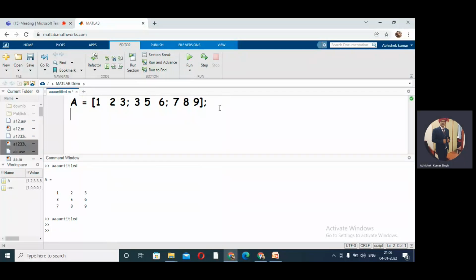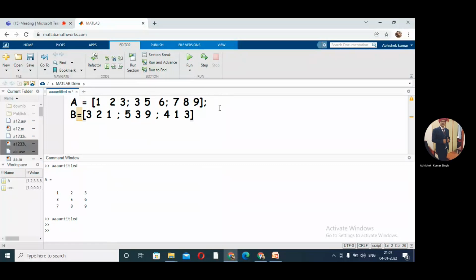I'll take another matrix B, a similar matrix. First row 2, 3, 5. Second row 5, 3, 9. Third row 4, 1, 3. Fine, so this is your second matrix. I put no semicolon because I want to see the B matrix.